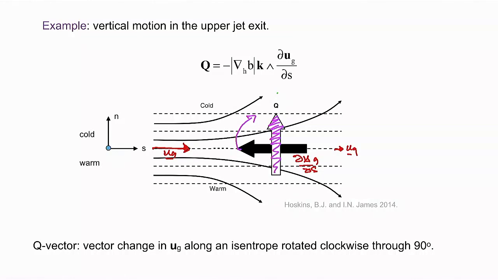The Q vector points towards upward motion. So I'll do that. So in this situation, at the exit of the jet, on the cold side, we have upward motion. On the warm side, we have downward motion. Why don't you do this for the jet entrance?